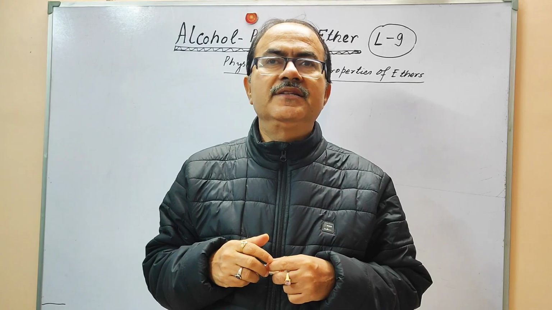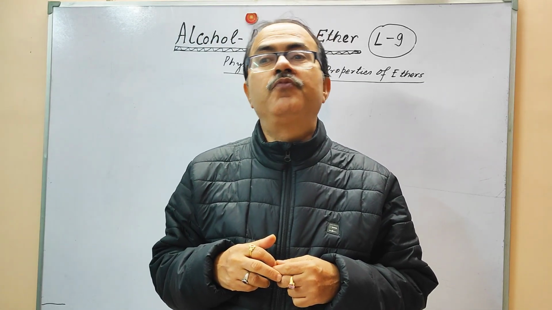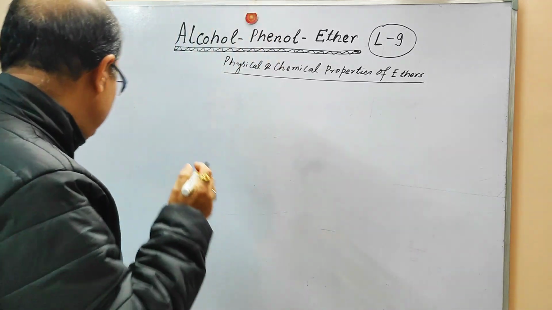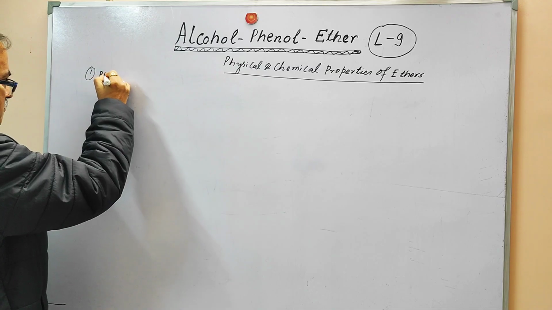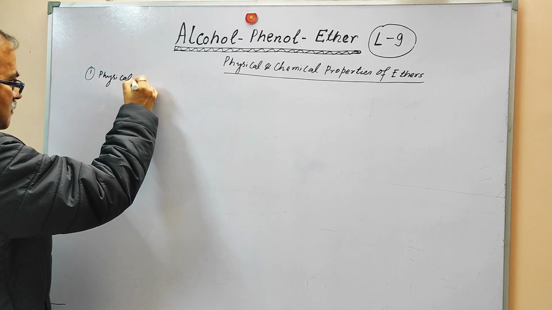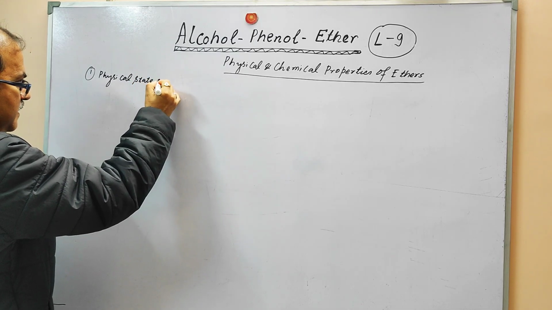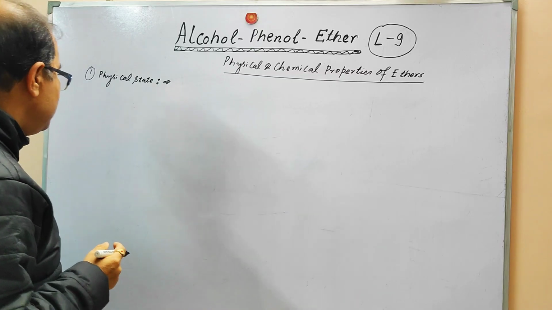The second thing that is very important is the dipole moment. So the first thing we have discussed is the physical state. Physical state means it exists in a gaseous or liquid state depending on its molecular mass.